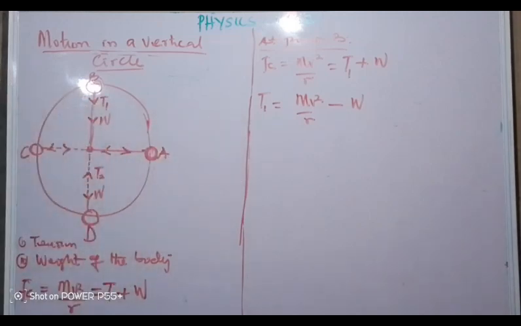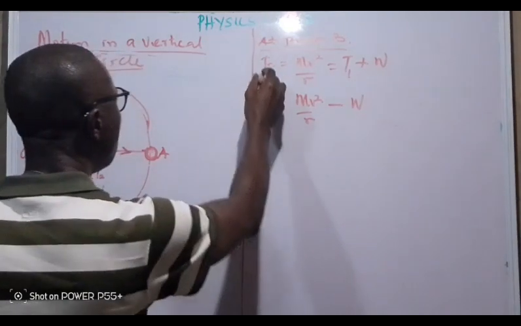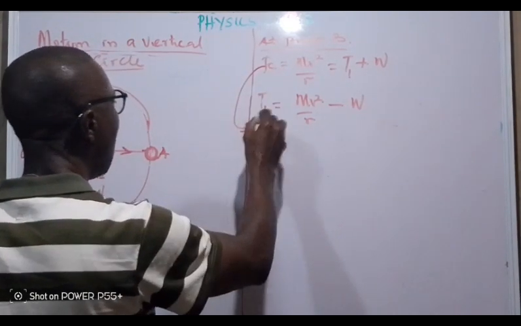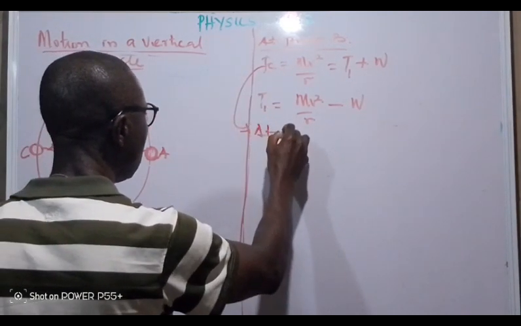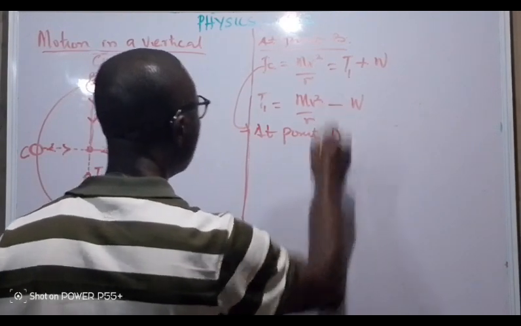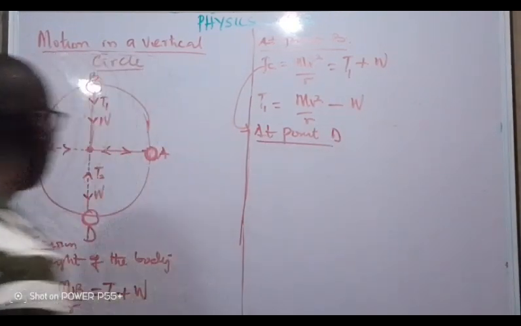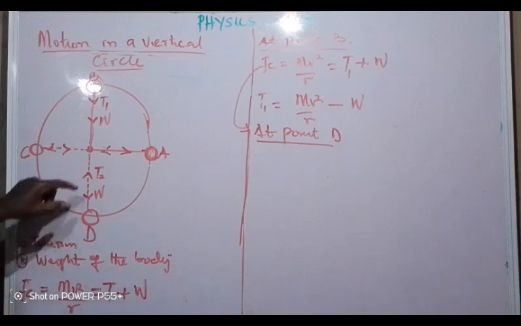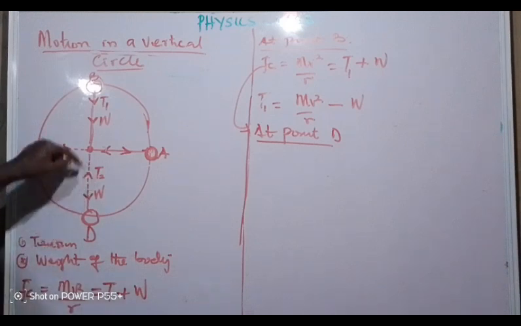Now, at point D, look at it, the tension on this string and the weight are opposite to each other.